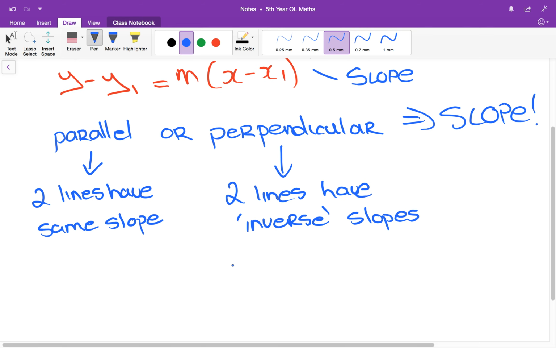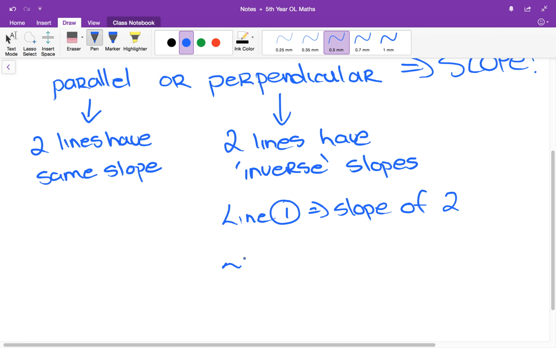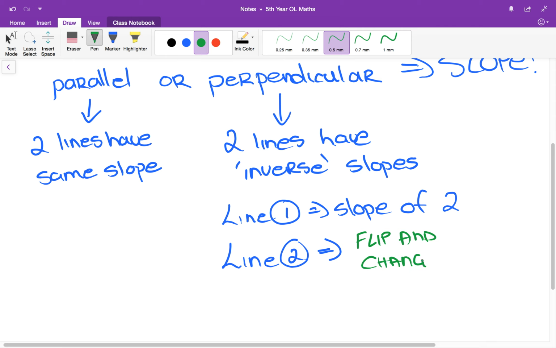As an example, let's say line 1 has a slope of 2. And we're going to get line 2's slope, and line 1 and line 2 are perpendicular to each other. The way you do it is you flip and change the sign.